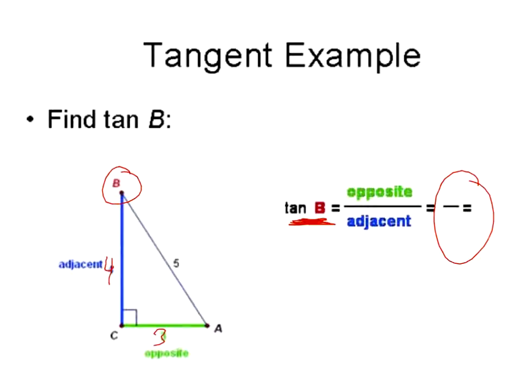This is a 3, 4, 5 triangle. So Gehrig, which one's my opposite side? The 3, good. And Daniel, which one's my adjacent side? Okay, there's 2 Daniels. Thank you, Daniel.